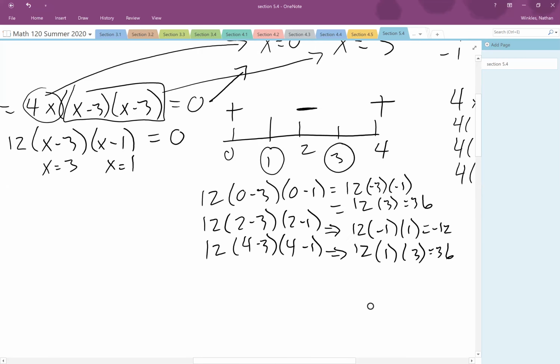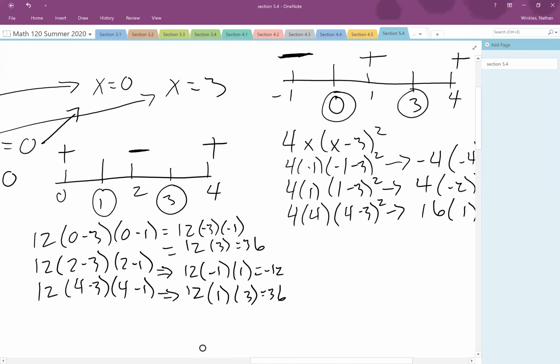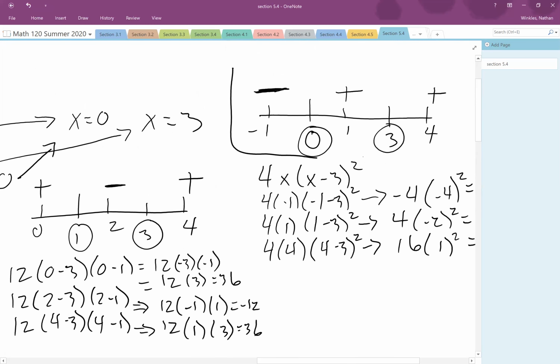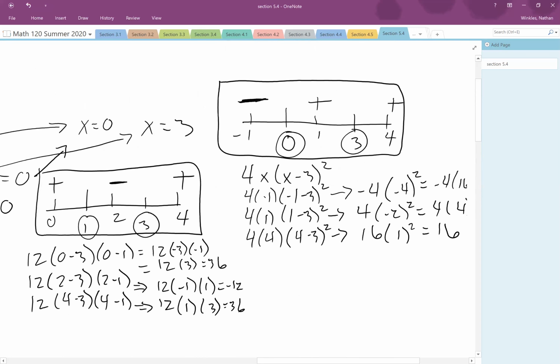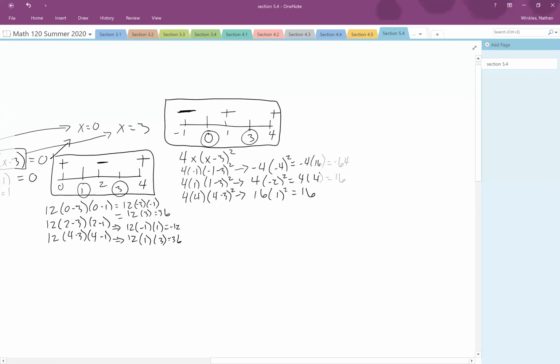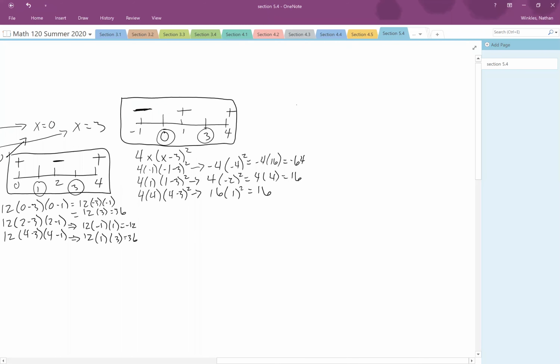So what we need to do now is put this graph and this graph on the same exact axis. To do that, I'm going to draw it out here. We're going to have the first derivative and the second derivative.